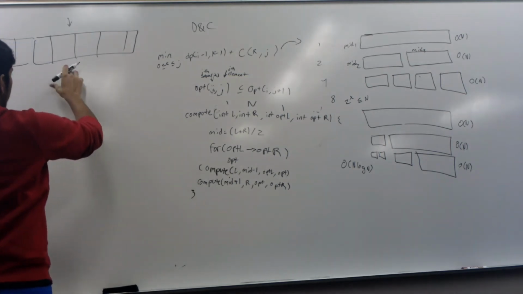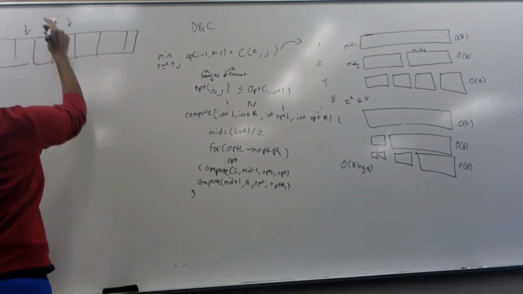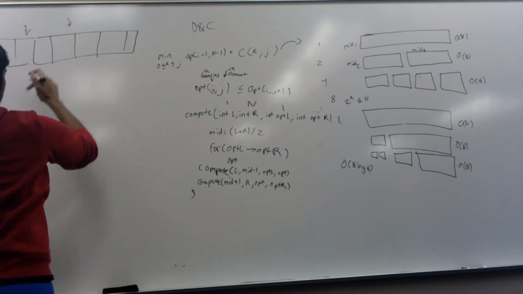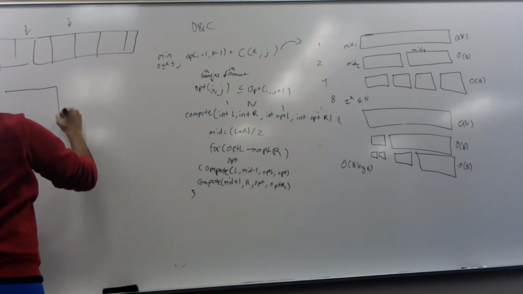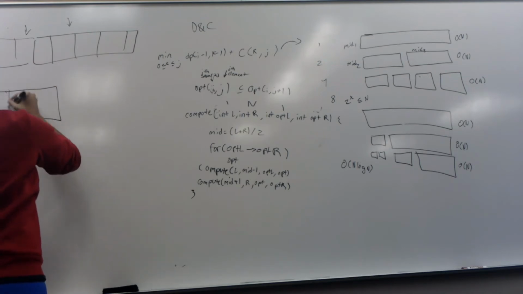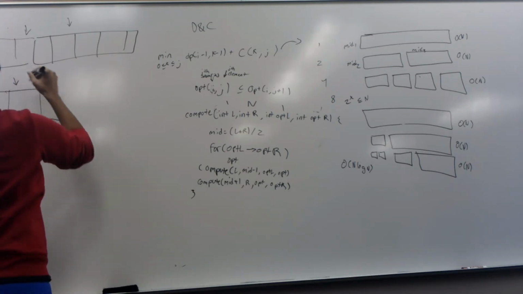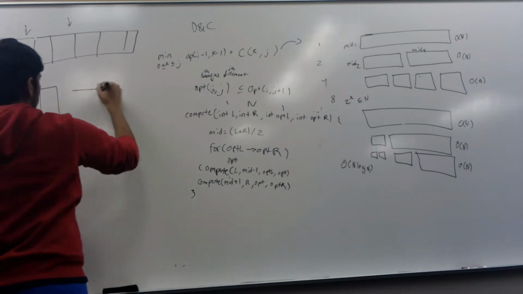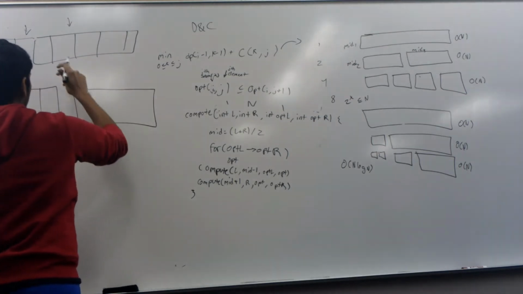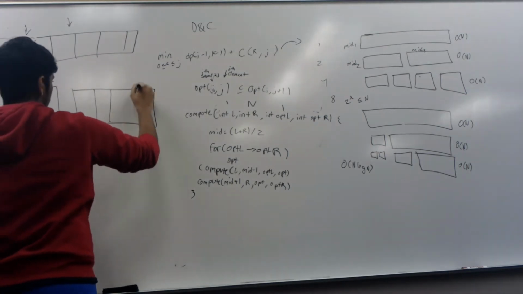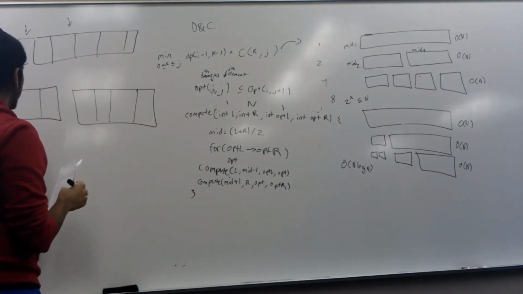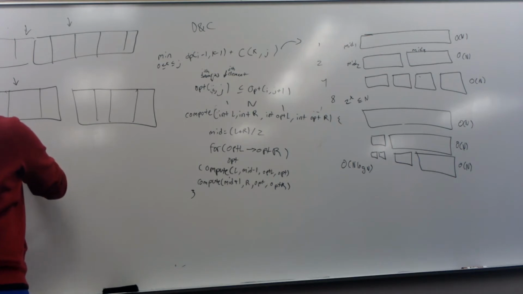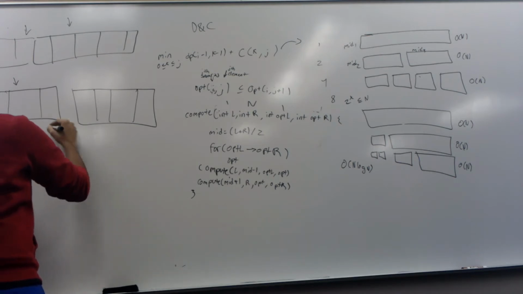Let's say this was our optimal transition for this mid. Then we transition onto this left half. So this left half's optimal transitions go from the beginning, opt L, up to here.